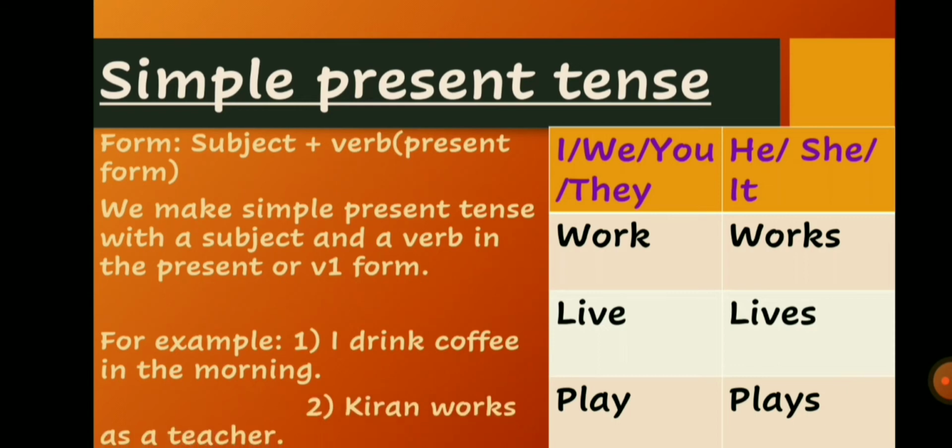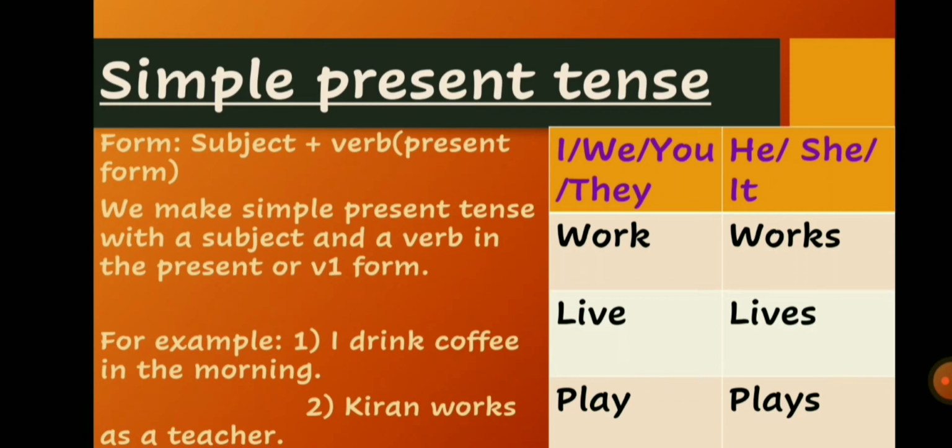Then second example, Kiran works as a teacher. So here Kiran is the subject, works as a teacher. Here the subject is Kiran, hence she is a female, so the subject comes as she.